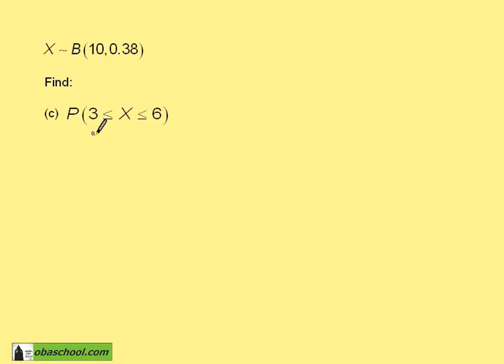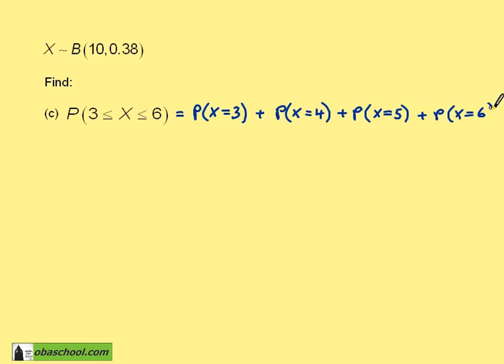We now want the probability that x is between 3 and 6, inclusive. To do this, we need to work out the probability that x is 3, add it to the probability that x is 4, and add the probability x is 5, and then add the probability that x is 6.